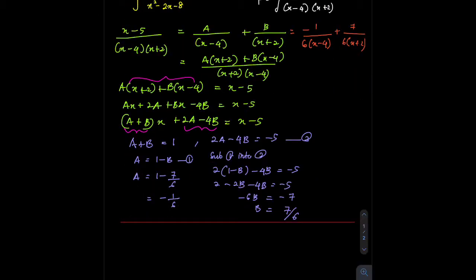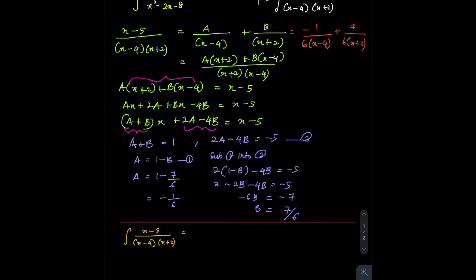Okay, so what is the question? The question asks you to integrate this one. You can integrate easily after you decompose your function. Let us rewrite here: you just need to integrate x minus 5 over (x minus 4)(x plus 2).